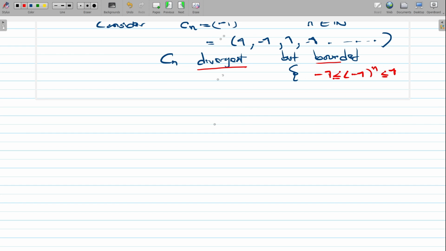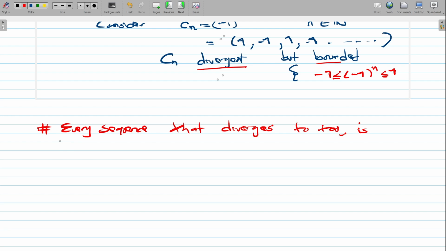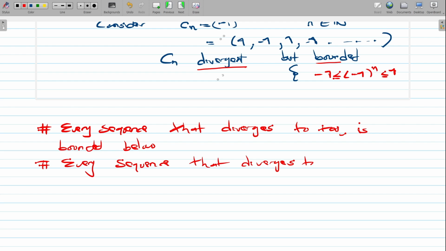Now another interesting thing that is going to be mentioned in line with these bounded sequences is the fact that every sequence that diverges to positive infinity is bounded below, and every sequence that diverges to minus infinity is bounded above.